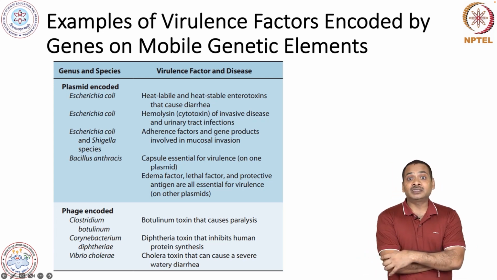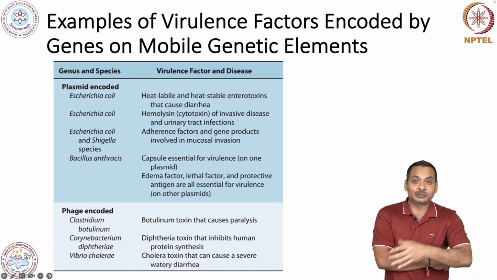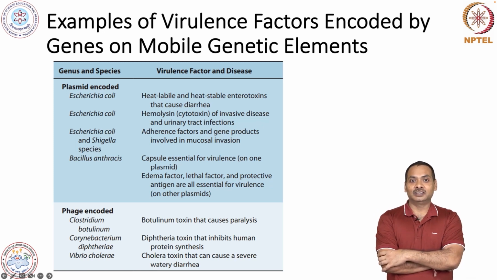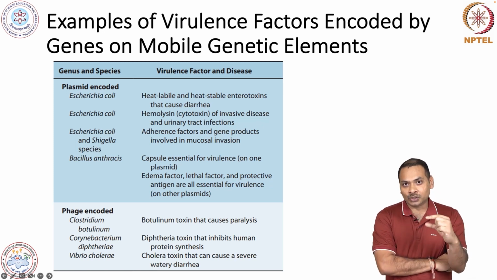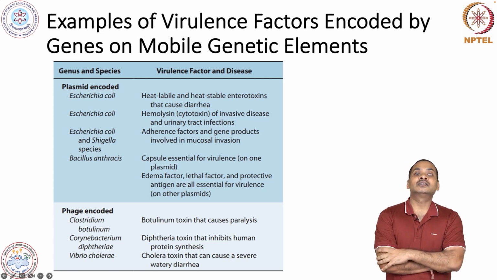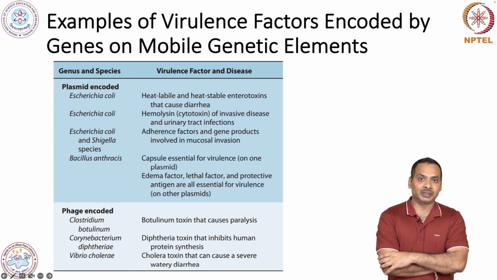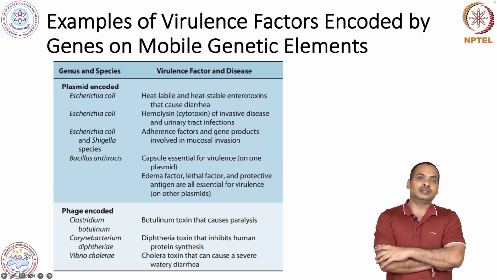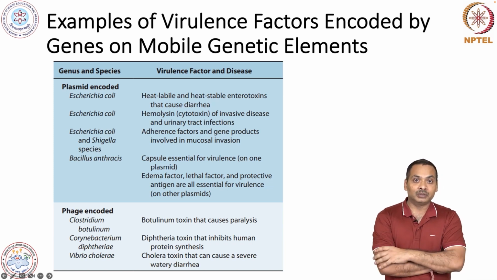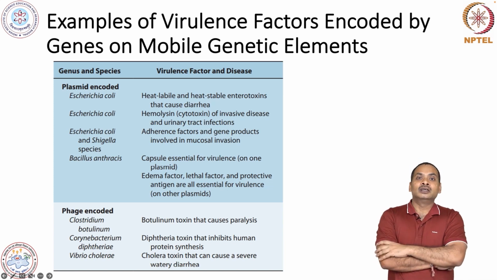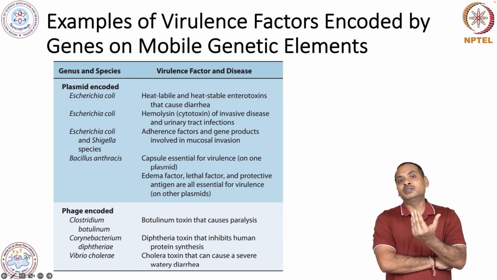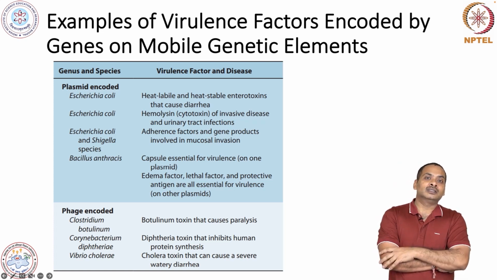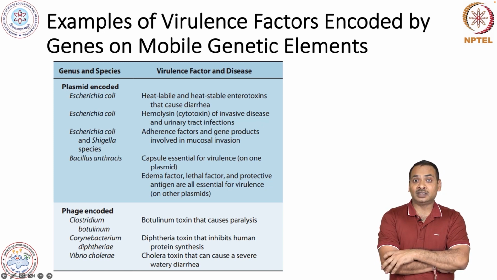Another example is Bacillus anthracis. Please note, this is a very dangerous microbial pathogen, and it has also been used as a biological weapon. If you are aware of the World Trade Center 9/11 attack, after that people received envelopes containing the spores of this Bacillus anthracis.